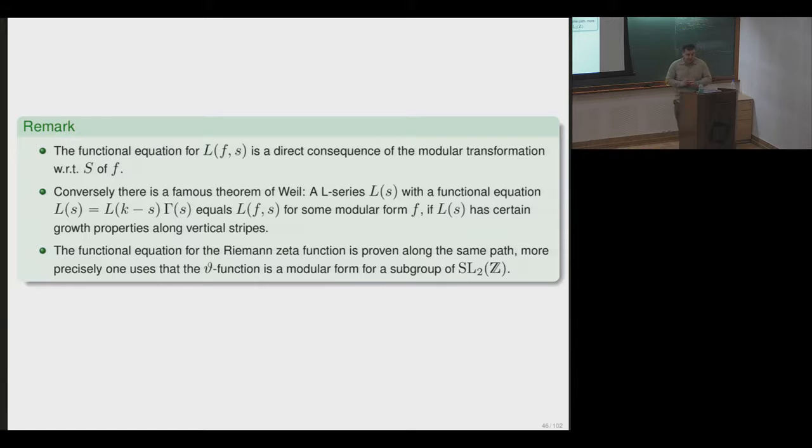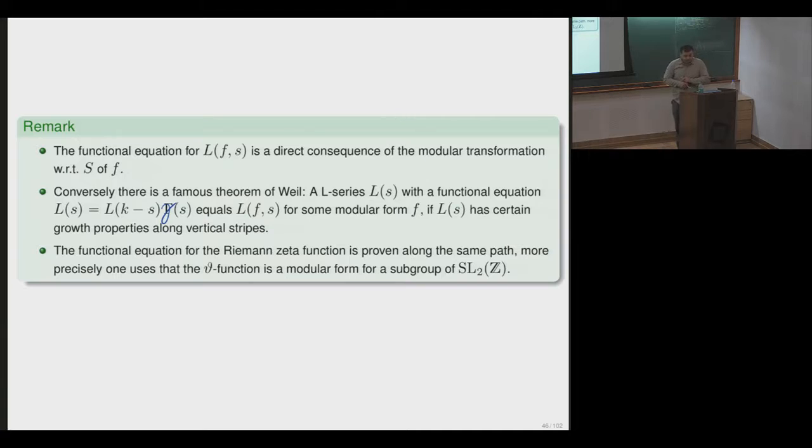It's roughly saying if you have an L series with a functional equation of type as we've seen before, maybe let us say this is some gamma factor, so it's some powers of pi and so on, I won't specify, then it has to come as the L series of a modular form as soon as you prove some additional analytic datum, which is growth on vertical strips.